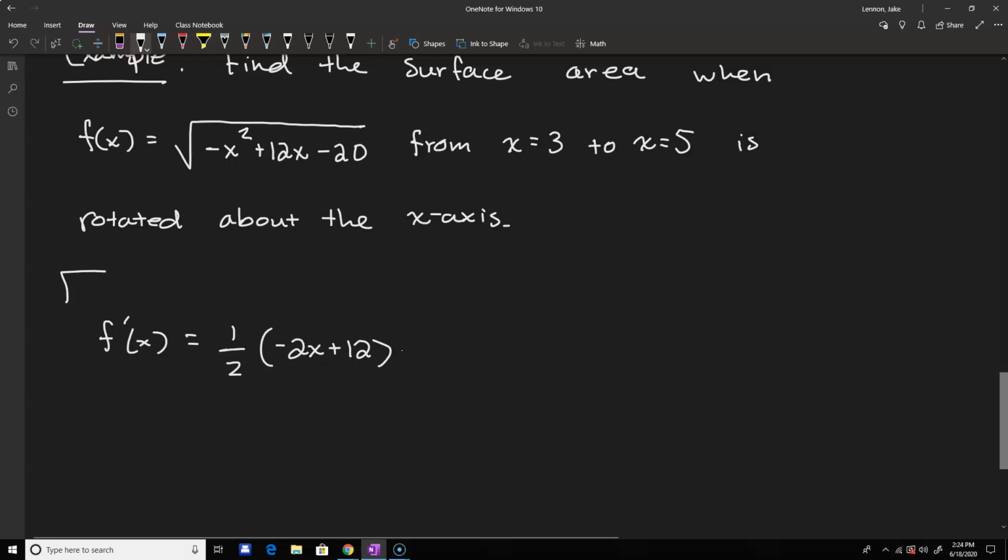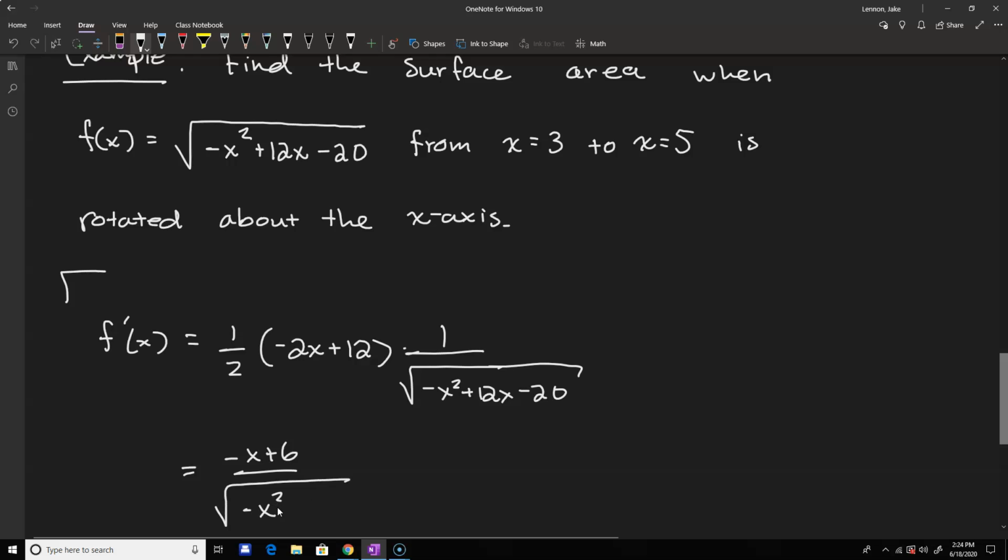And then we're also going to be multiplying by the same quantity to the negative 1/2 power now. So that's going to be 1 over the square root of minus x squared plus 12x minus 20. So this can be rewritten as minus x plus 6 over the square root of minus x squared plus 12x minus 20.